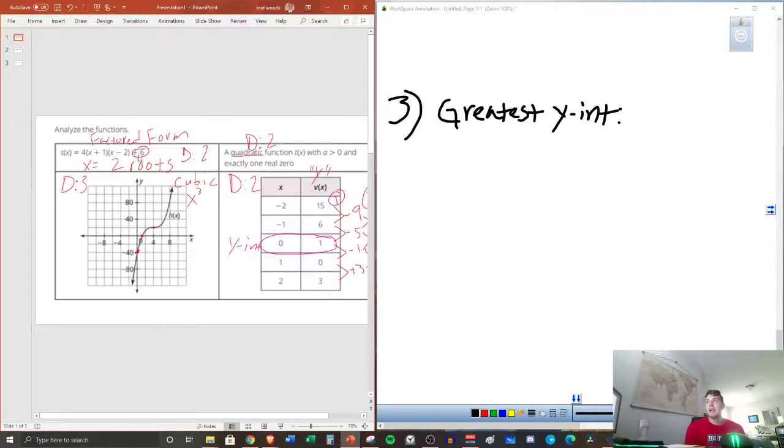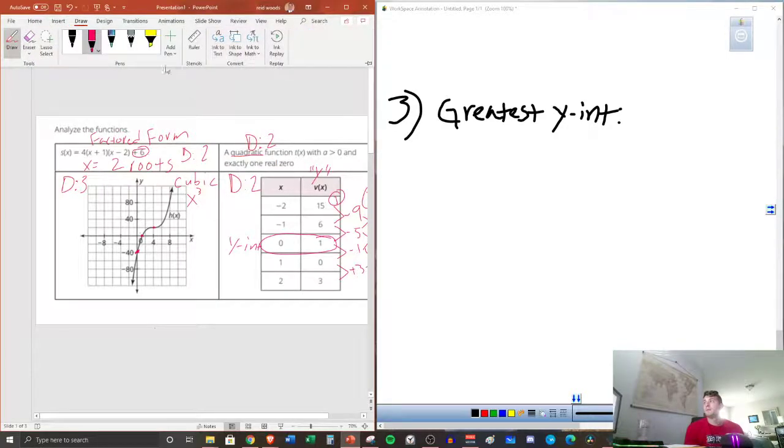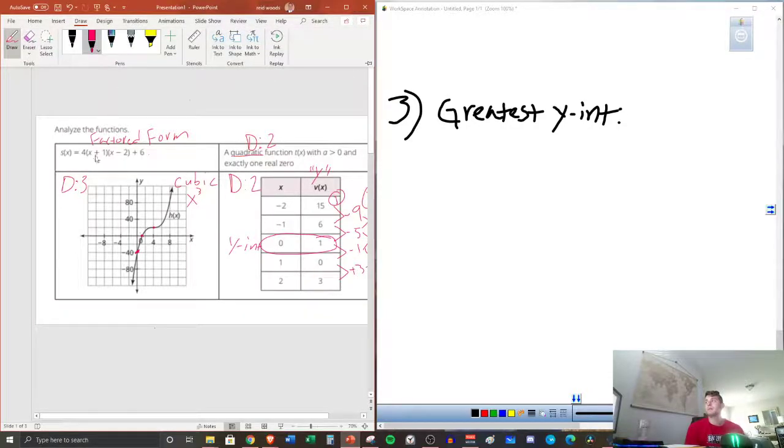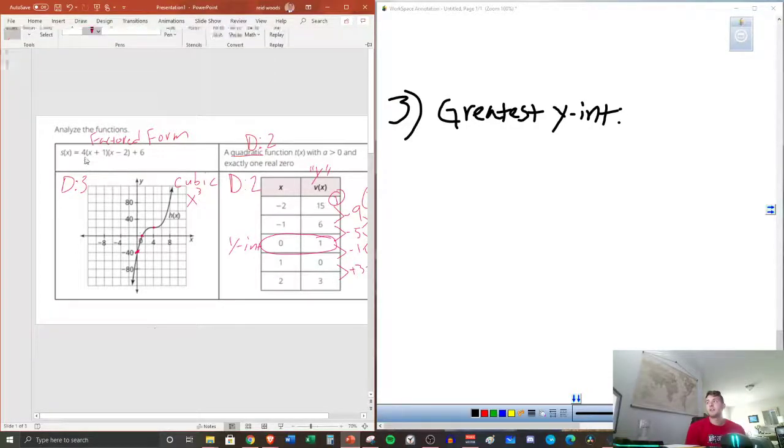All right, how do we find the y-intercept for s of x? Because t of x is going to be the toughest. Well, let me erase this really quick. If I want to find the y-intercept for this, the fastest way is to plug in zeros where x's are. It's going to be the most efficient way.